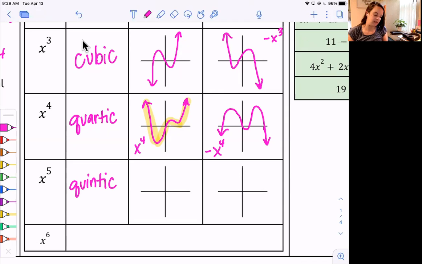Quintic, absolutely. Okay, quintic has 5 sections, and on the positive one has to go up at the end, right? So this is like 1, 2, 3, 4, 5. It's not really pointy. Try not to make yours pointy. Try to round it out, but it has 5 sections.